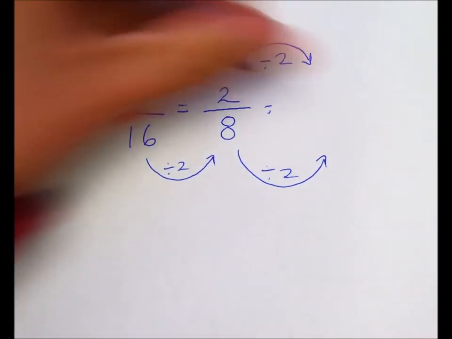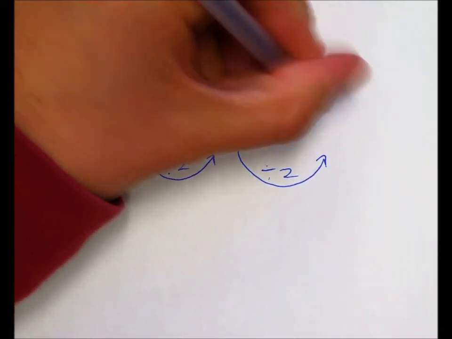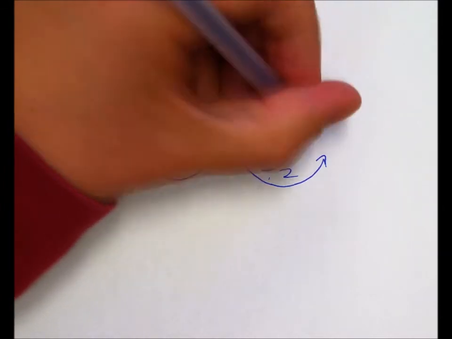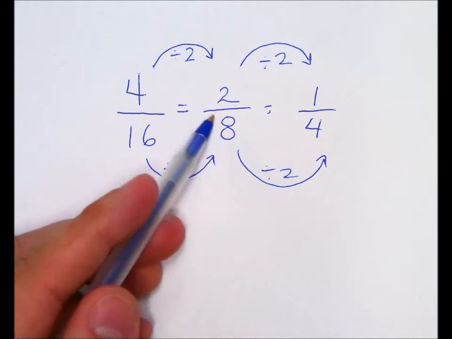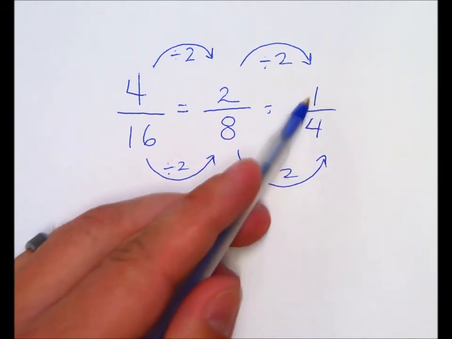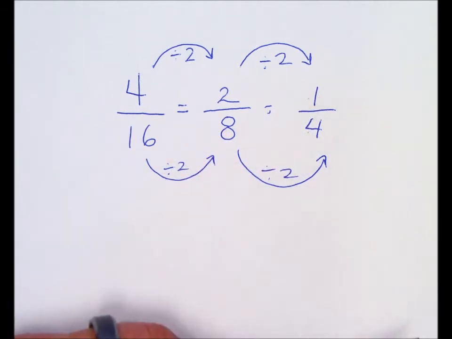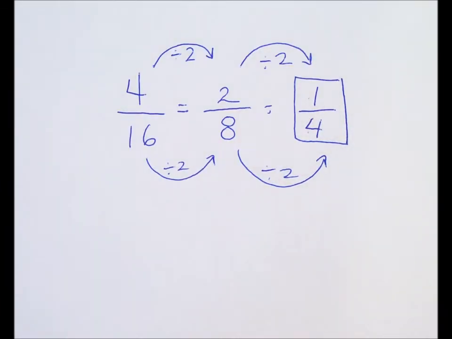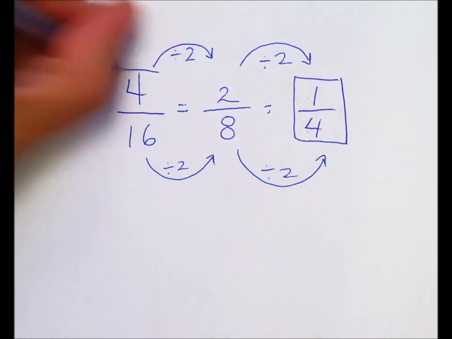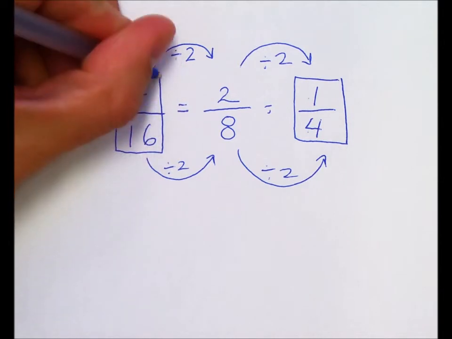And so when I divide 2 by 2, I get 1. When I divide 8 by 2, I get 4. Now, we're at a stage where there is no number that will go into both 1 and 4 evenly other than 1. Obviously, when you divide by 1, you get the number itself. So this is the lowest terms expression of this fraction.